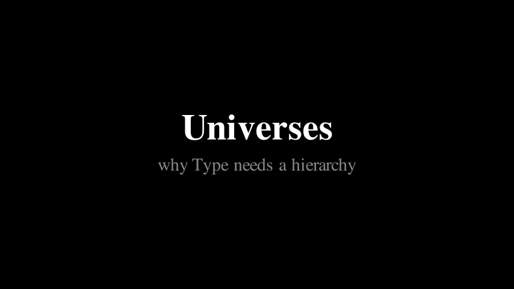CoC actually has 2 universes, a universe of propositions, Prop, and a universe of types, Type. Prop sits inside Type, but Type itself has no type. Try to write Type : Type, and Girard's paradox fires off, the type-theoretic cousin of Russell's paradox.